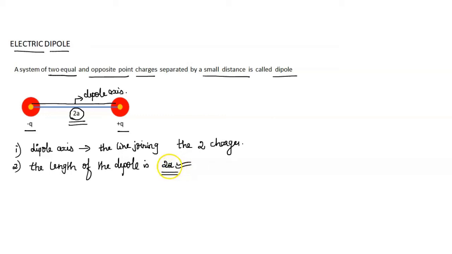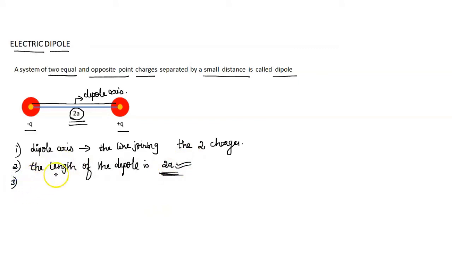If a question asks to calculate some force or field of the dipole, and the distance between the two point charges is not given, then we must always consider the distance between the two point charges as 2a. That is the constant value.